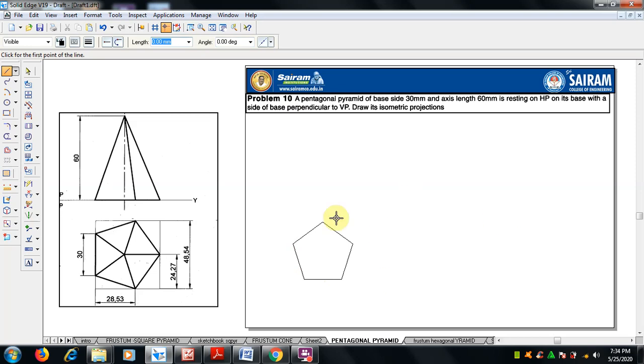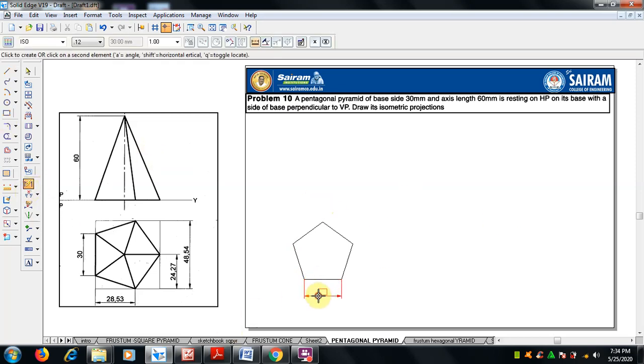I think we have completed the pentagon, and you can check this size, yeah, 30. Right, so now what we have to do is, it should be rotated like this. Okay, so while drawing in sketchbook, we can draw this way, making angle 72 degree here and 72 degree here, that is not a problem.